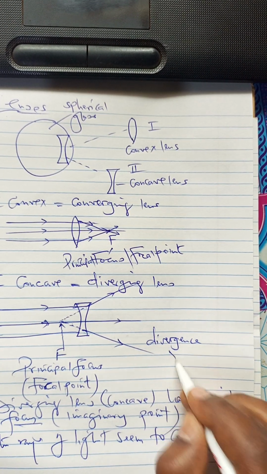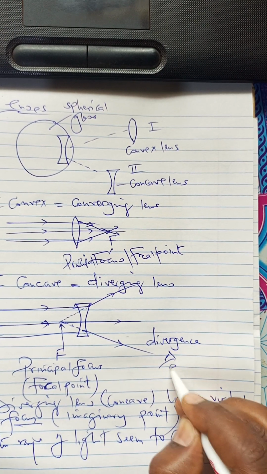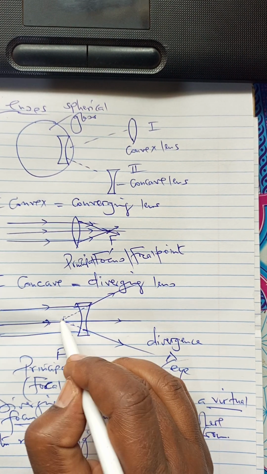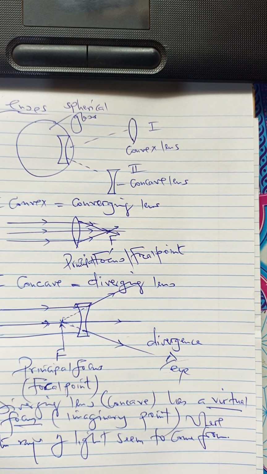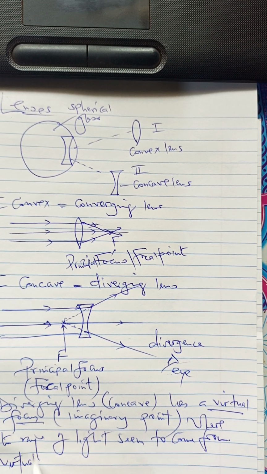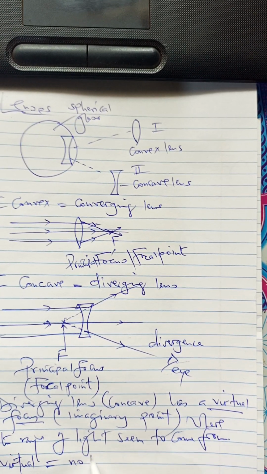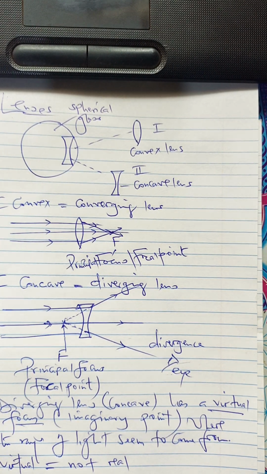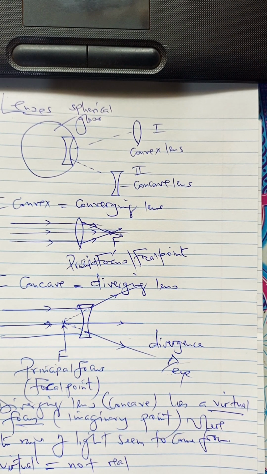I mean, if your eye was there, the eye would see as if these rays were coming from some point there, which is a principal focus. But it's not a real point. So virtual means not real, because the rays of light only seem to come from that point, but the rays are actually coming from some other different point.